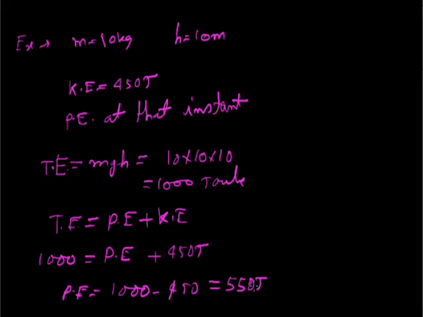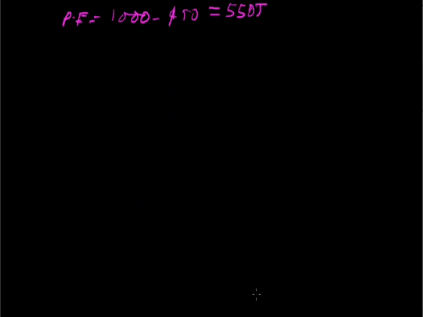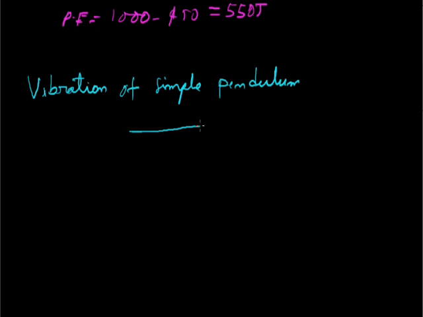Some other examples of conservation of energy. First, vibration of a simple pendulum. In the simple pendulum, this is the mean position, and when we take it to one side, it will oscillate by this path.